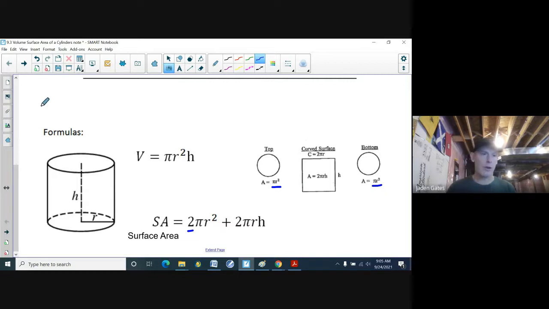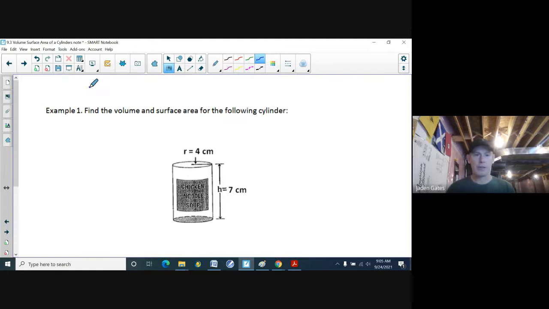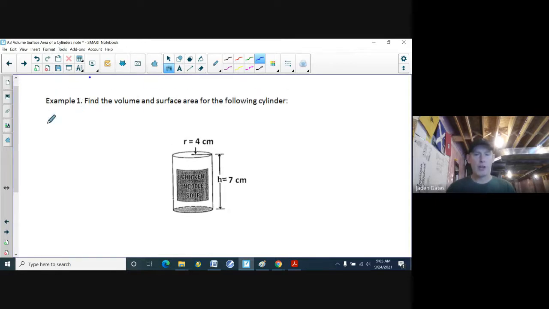All right, so moving on here, speaking of which, we got our chicken noodle soup here. I'm going to find the volume and surface area for the following cylinder. I'm going to go with the volume first because we're used to that. So again, volume is equal to pi r squared times h.